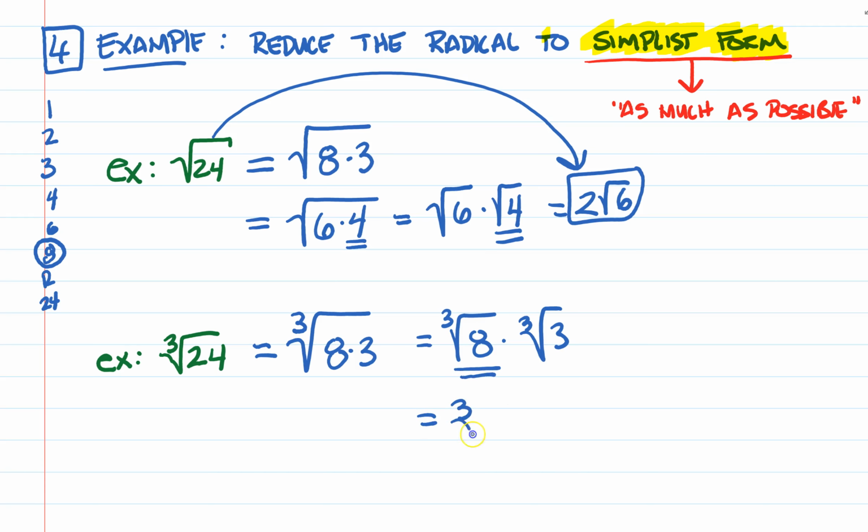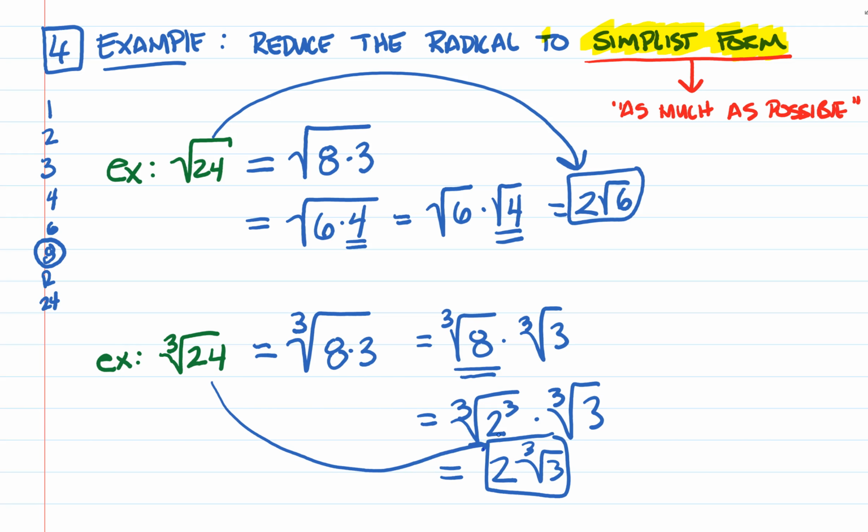This is the cube root of 2 cubed times the cube root of 3. And the cube root of 2 cubed, which we have learned, is just going to give me back 2. So I have 2 times the cube root of 3, and that is the simplest form for the cube root of 24. So again, you're looking for the largest perfect power matching the index that's a factor of the number underneath the radical sign, or the radicand.